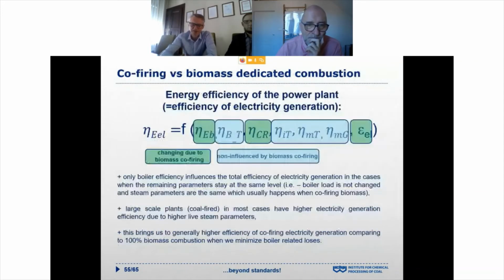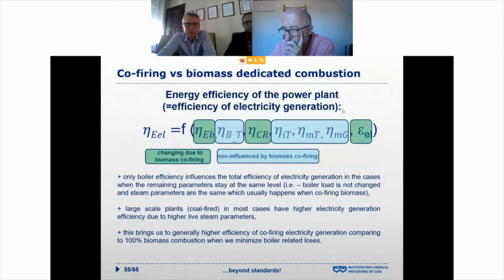influence the total efficiency. So to sum up, maybe some energy efficiency issues, we can outline that in general, the efficiency of electricity generation in the power plant is a function of different single unit efficiencies, let's say. So it's the efficiency of the boiler, the efficiency of the pipings between the boiler and the turbine.